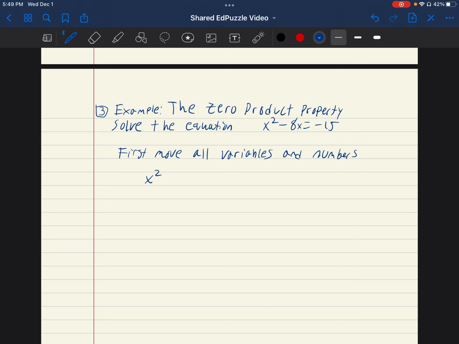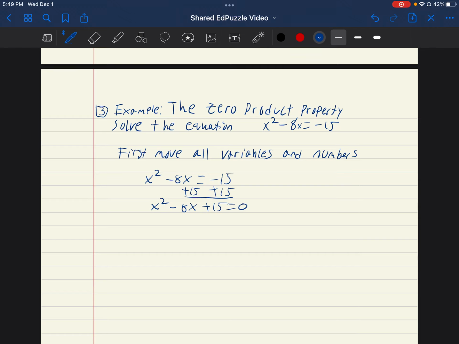We have x squared minus 8x equal to -15. Now move everything to the left: add 15 to both sides. What we have is x squared minus 8x plus 15 is equal to 0.